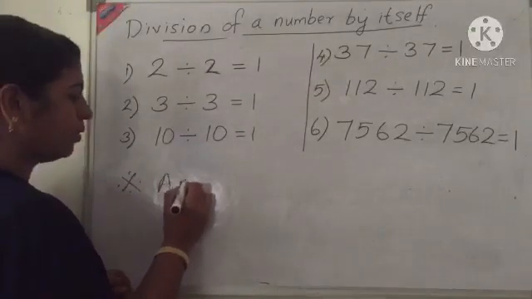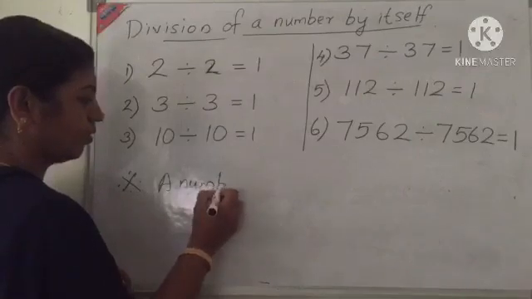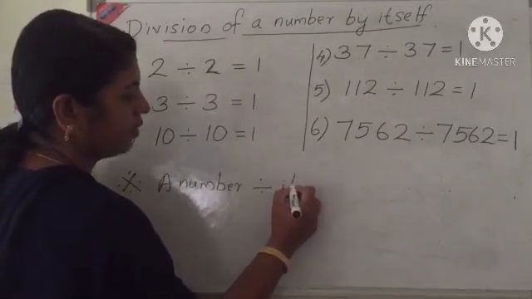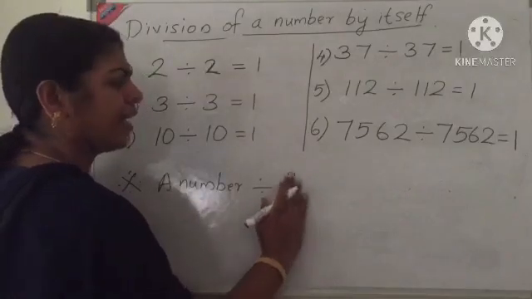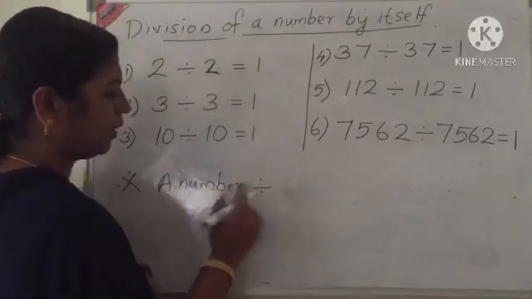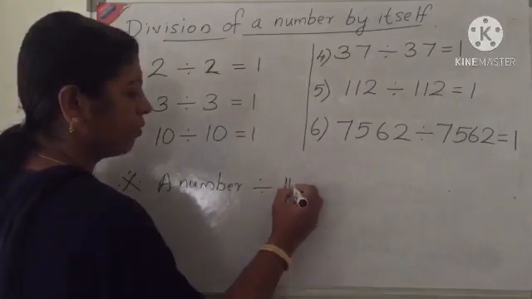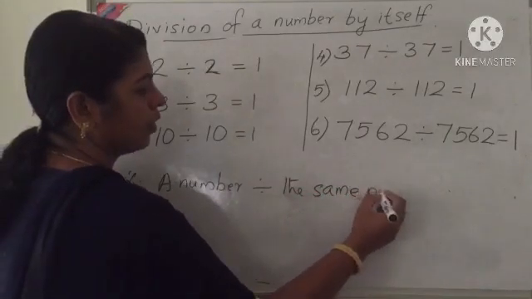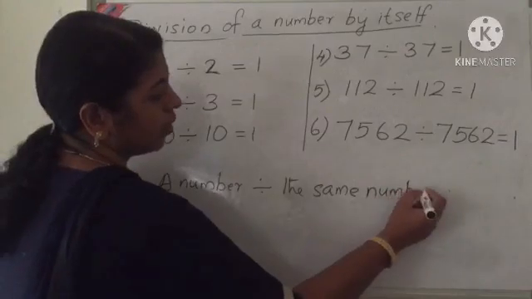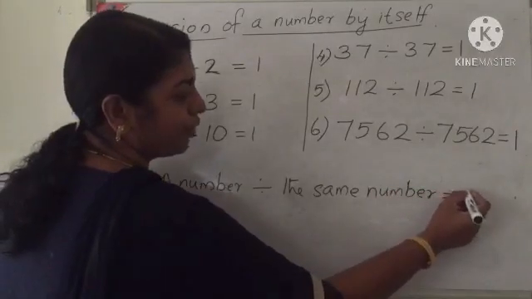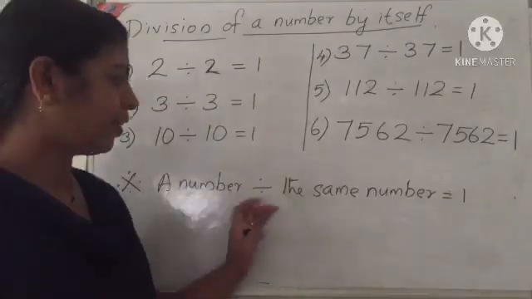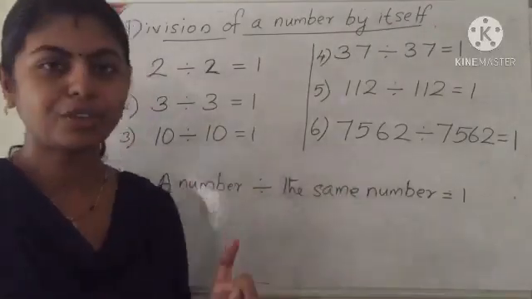A number divided by itself, or we can write the same number. A number divided by the same number equal to 1.